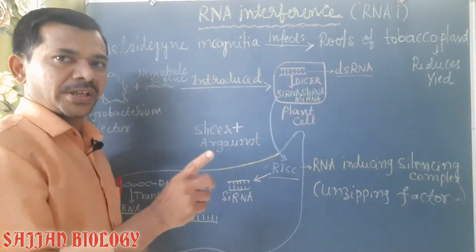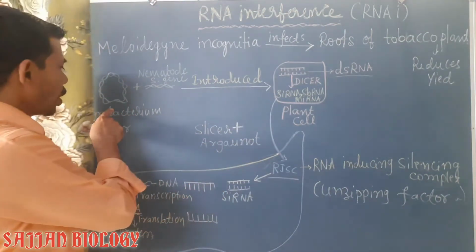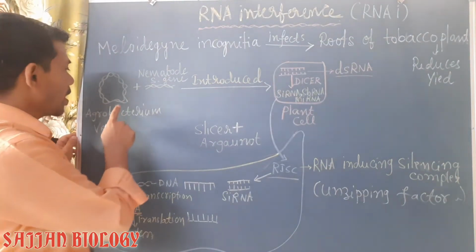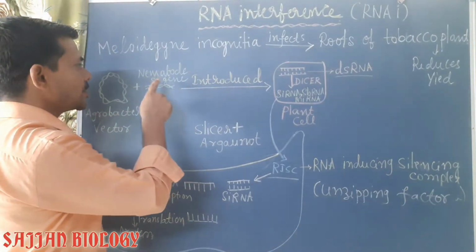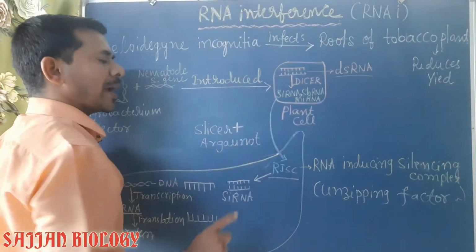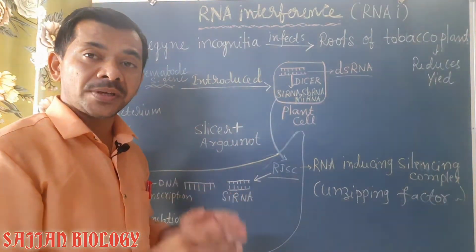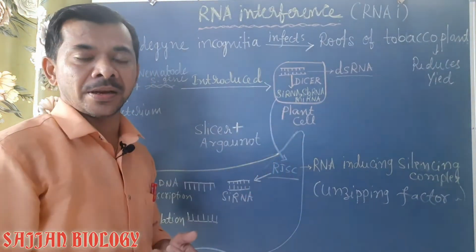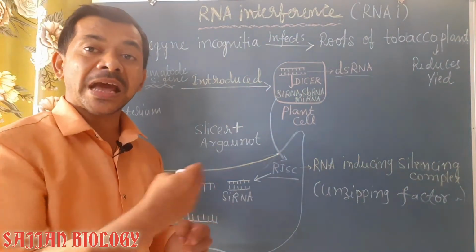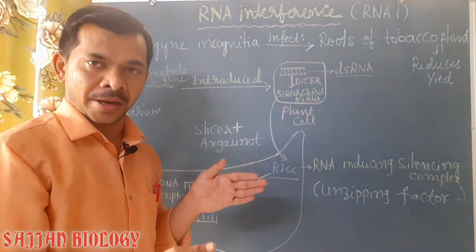The first thing is that the Agrobacterium tumefaciens vector, along with the nematode-specific gene, are both introduced into a plant cell. Once introduced into the plant cell, they start to produce sense and antisense mRNA.